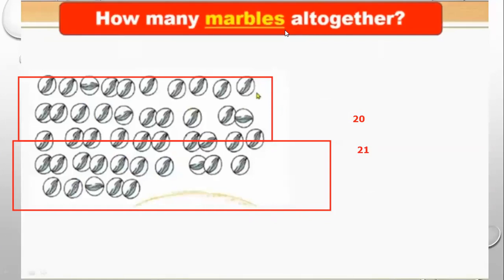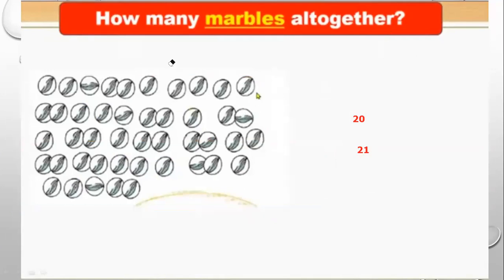Okay, moving on to the next. Here are the marbles. We are going to make sure that we can make them 10. 1, 2, 3, 4, 5, 6, 7, 8, 9, 10. 10, 20, 30, and 40. What about the last marbles? Are there 10 marbles?